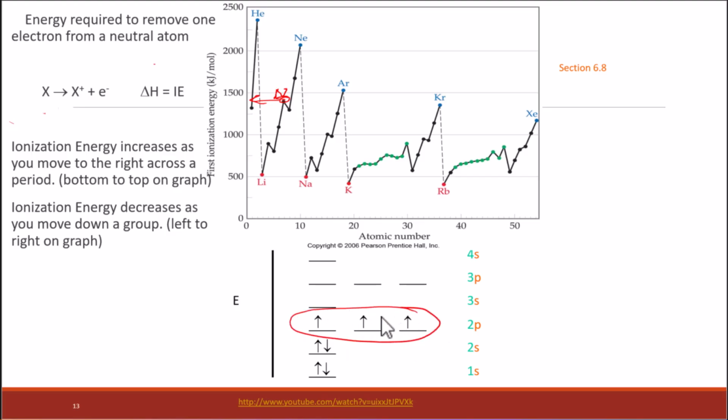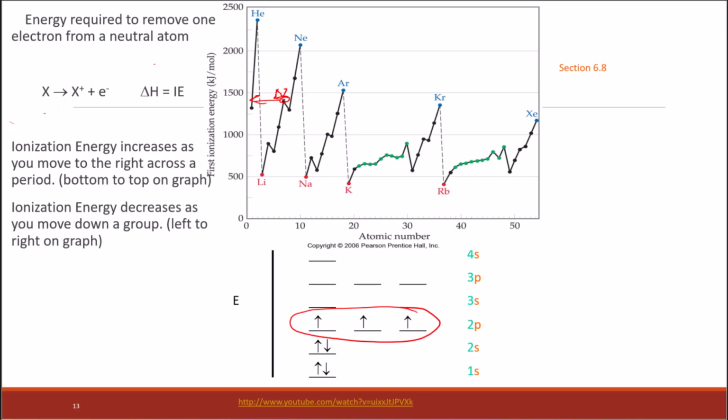So we might call that an exception, because it's violating the trend a little bit, and that's because of its electron configuration and the half-filled shell. Now, why the dip for oxygen? You can see there are other dips on this experimental data, but why the dip for oxygen?